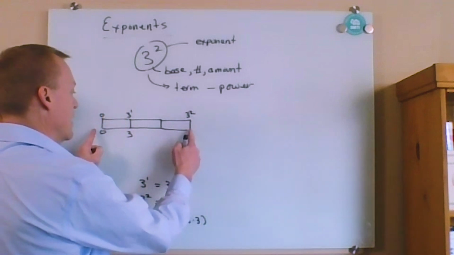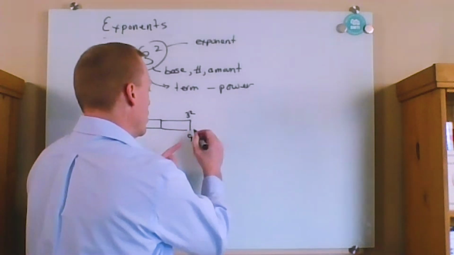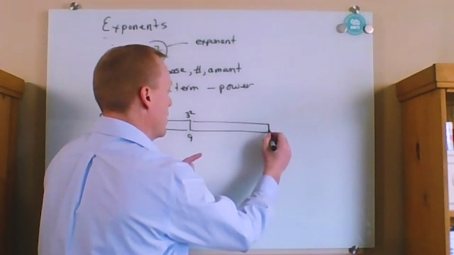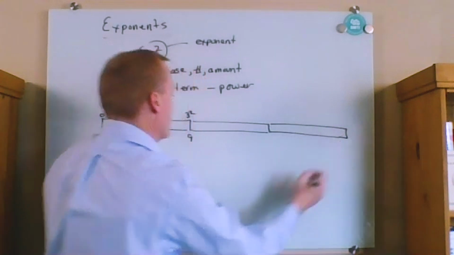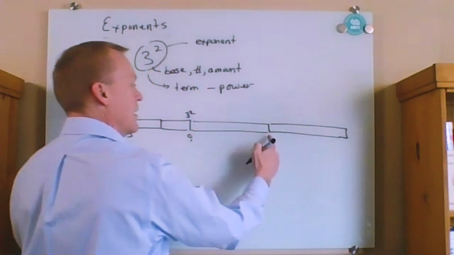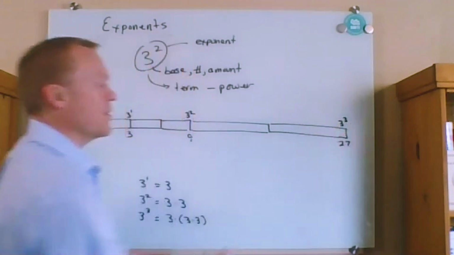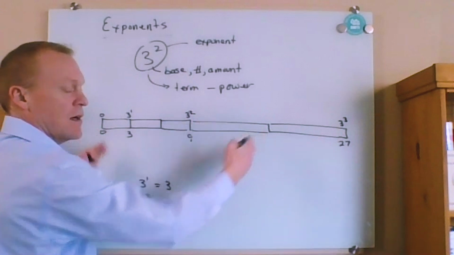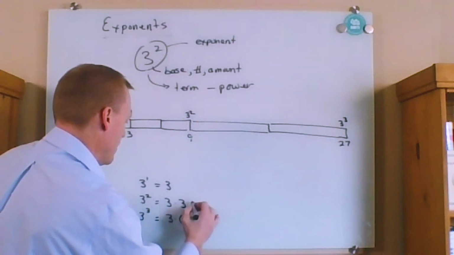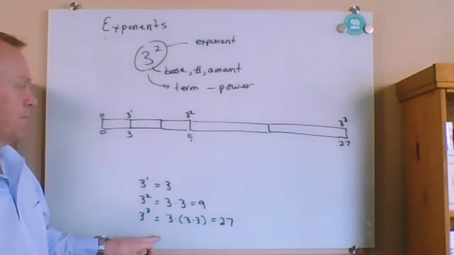So that means I'm going to take the 9, and I'm going to iterate it, 1, 2, 3. So now I'm at 9, 18, 27. So 3 to the third power is now 3 iterations of 9. Finish these up here, so that's 27.